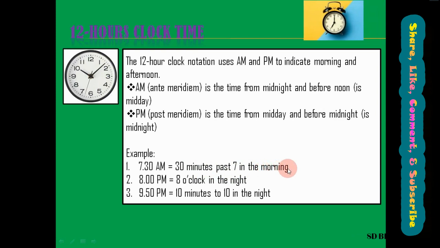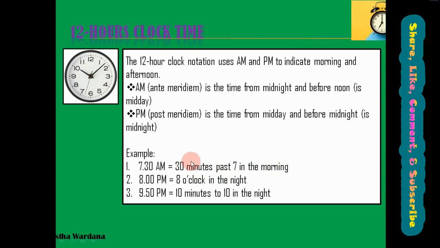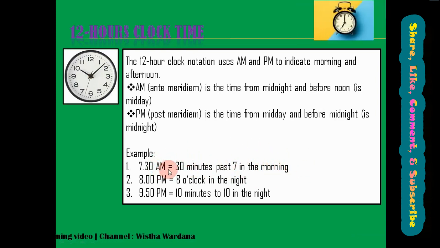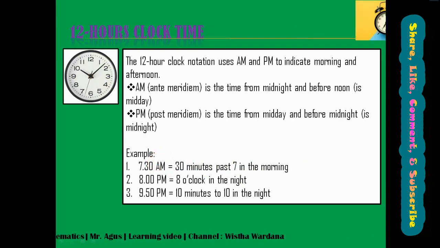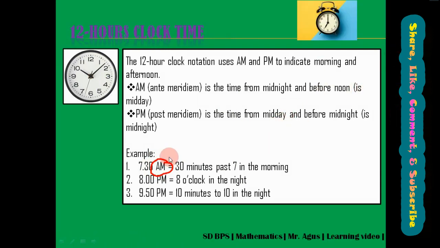We know this is still morning because the time is AM. You can see this one. So we can say 30 minutes past 7 in the morning. Like this.